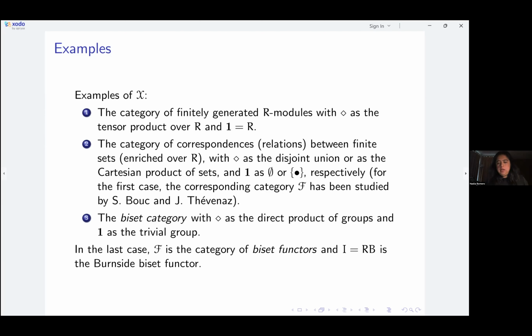So this is what I like to work on, but I realized I didn't need the whole structure of the biset category to define this Hochschild cohomology construction. So that's why I decided to work in a more general setting, only considering all these conditions: essentially small symmetric monoidal. But the examples I would like to work on are these biset functors. And there are other examples of these conditions in X. There are many examples one can consider.